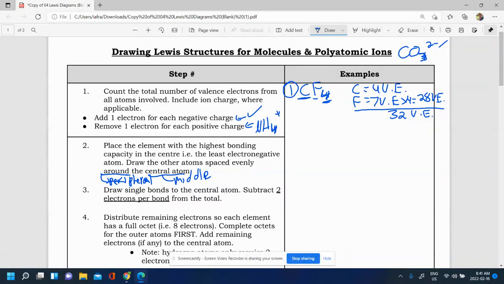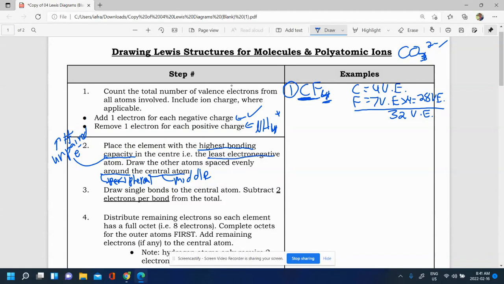Typically, the central atom is pretty easy to spot. It's the one that there's less of. So in this case, carbon. But if you want a more chemistry-based answer to that, it's really the one that has the highest bonding capacity, which typically means the highest number of unpaired electrons, or also the least electronegative.